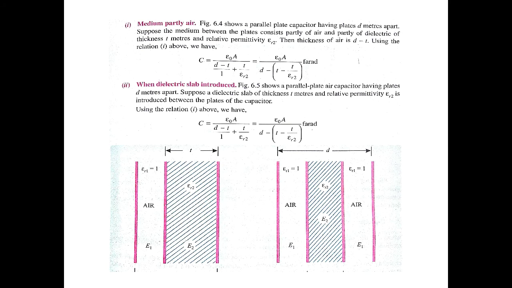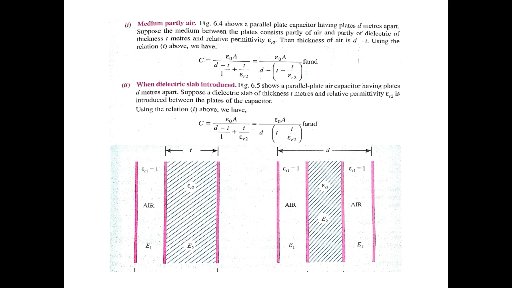And what is the total thickness of the insulating material? Whatever the different insulation may be, air or dielectric material, the total insulating thickness is D. Now the air thickness is D minus T, and the relative permittivity for air is 1.